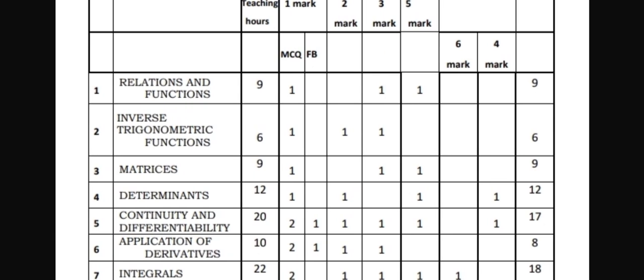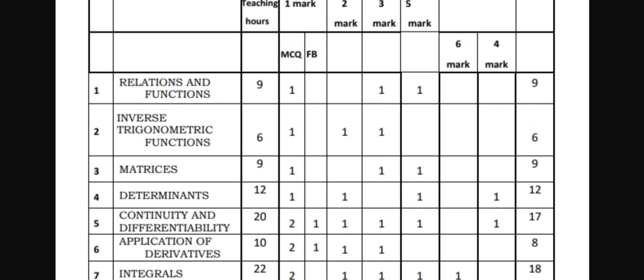For the 3 marks question, usually the concept is symmetric and skew symmetric. Based on the symmetric and skew symmetric property, the questions will be framed most of the time. Okay, the questions will be framed based on the symmetric and skew symmetric concept.